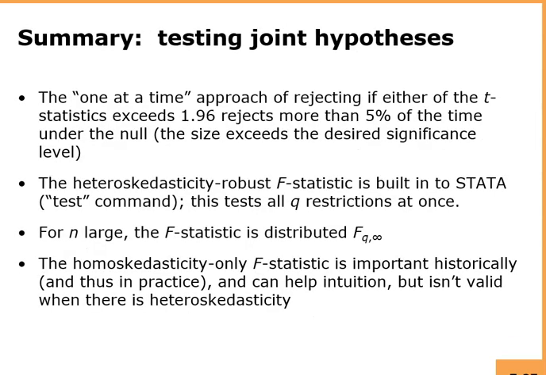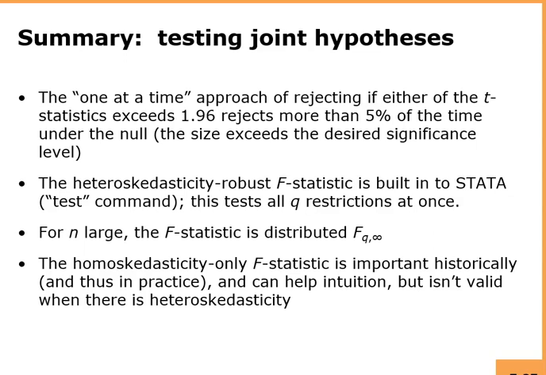To further summarize the testing of joint hypotheses, the one-at-a-time, supposedly common sense approach is not really accurate because it incorrectly rejects the null hypothesis more than 5% of the time, when we want it to be incorrectly rejecting the null hypothesis only 5% of the time.